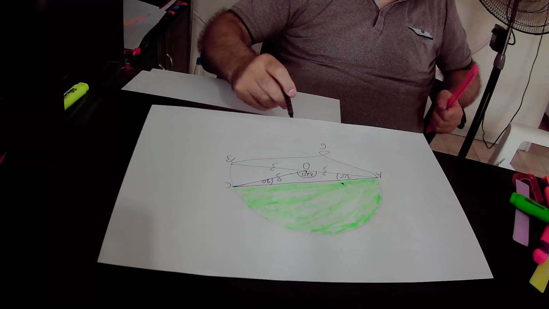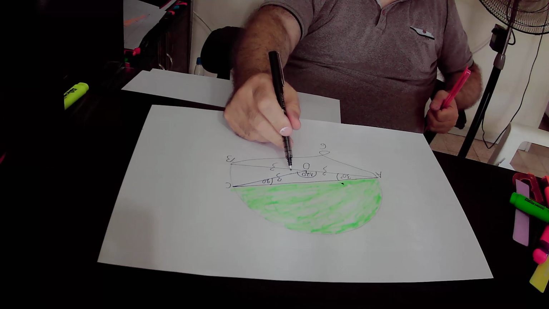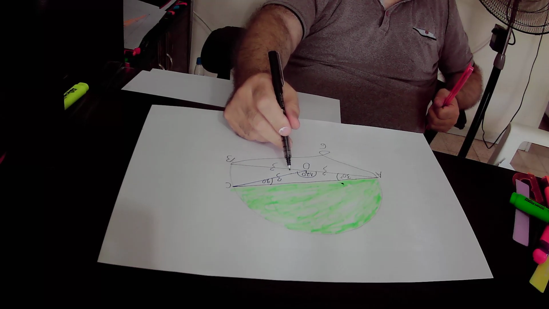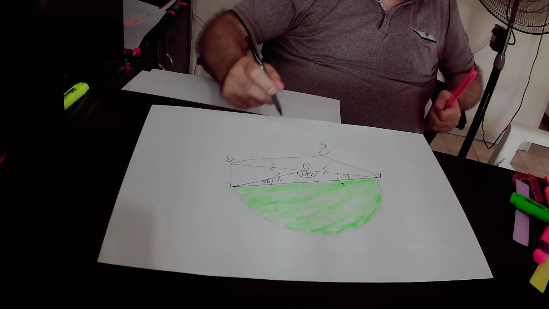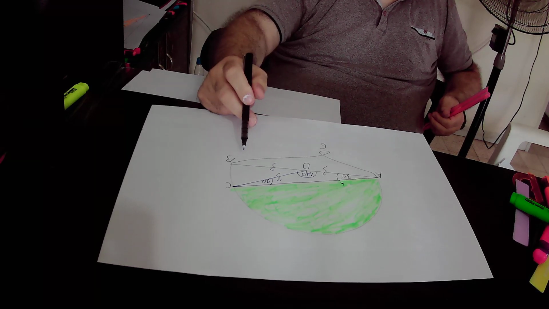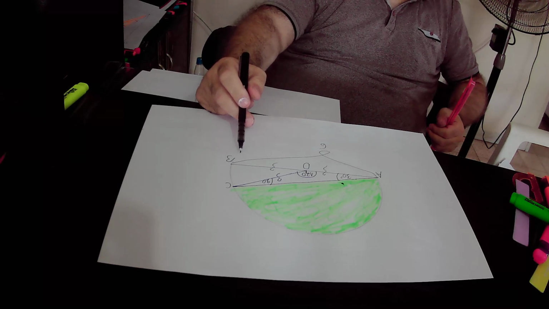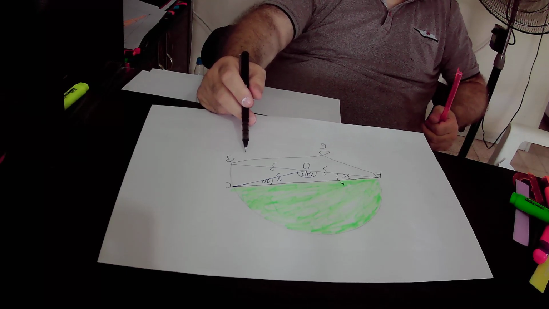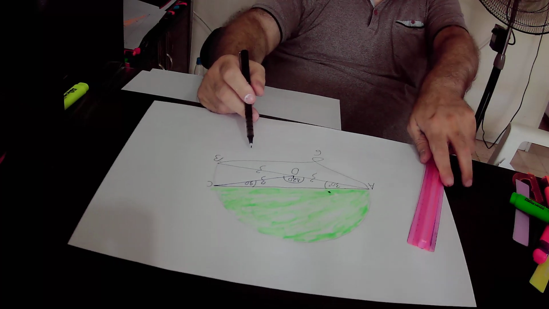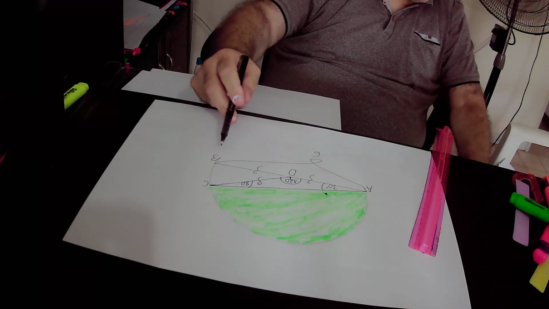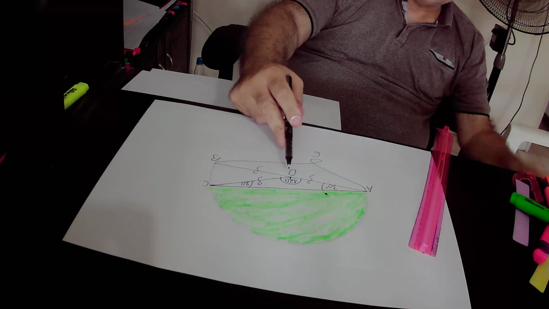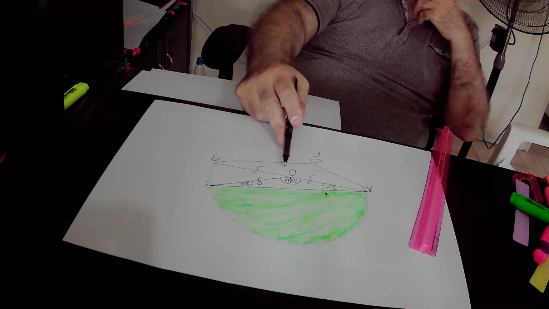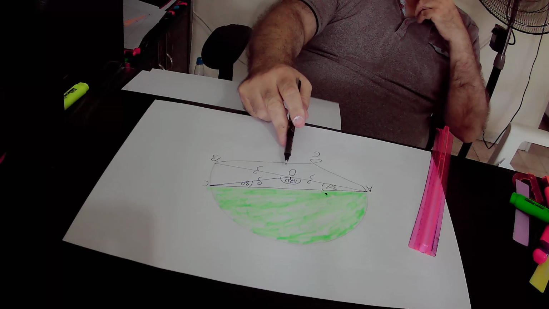But before that we have to find out the size of the angle between the legs of sector COB. We know that AB is the diameter of this semicircle, therefore it is absolutely a straight line. So if we focus on the upper side of the straight line AB at point O, the sum of the angles must be equal to 180 degrees, according to rule number 3, that the sum of the angles on one side of a straight line is equal to 180 degrees.